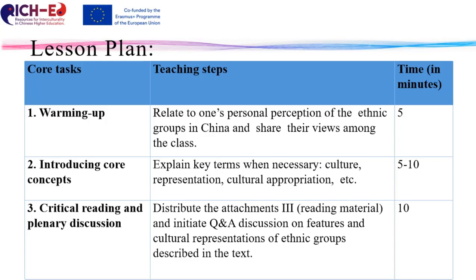And with these terms equipped in students' mind, the students will move on to the 3rd section, which is a discussion part based on reading. Teachers could choose to distribute the reading material in class or before class. The purpose is to make sure the students attain sufficient understanding of the text.